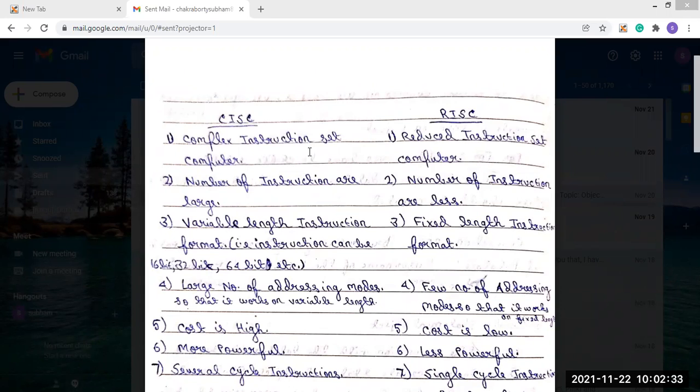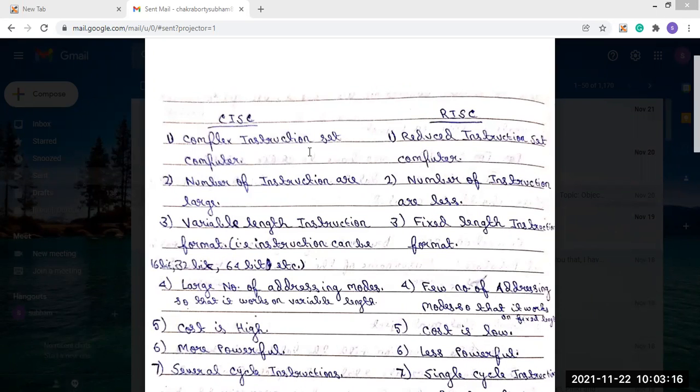That means all the instructions should be in the same format.